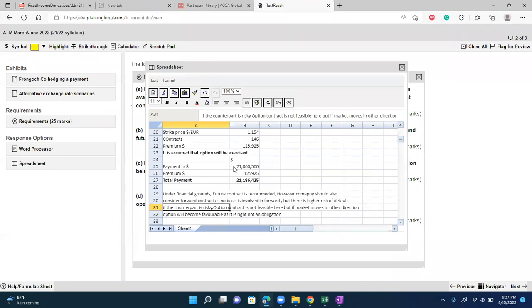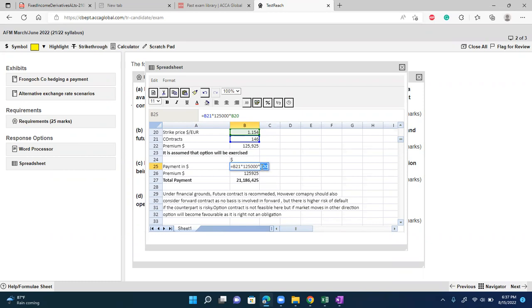Okay, cell number 25 is, we need the answer in home currency. Home currency is dollars. So we have done 146 contracts. Each contract has a value of 125,000 euro. And this is the exercise price or the option rate.